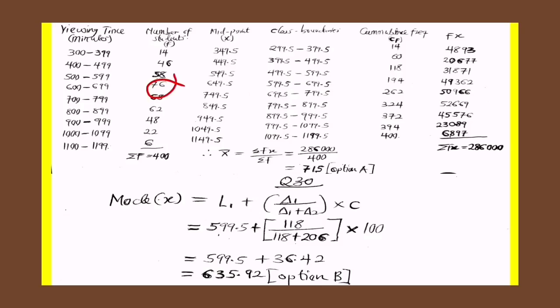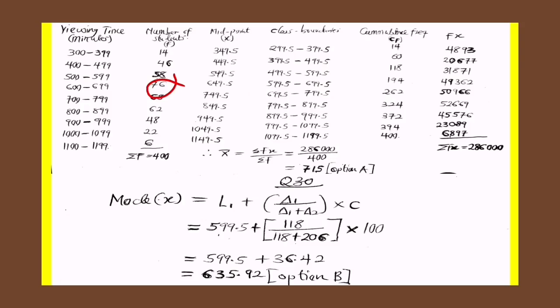To know the lower limit of the modal class, we find the class boundary. You take the upper class limit of a class and the succeeding lower class limit, take the difference between the two, and divide by 2. So I subtracted 399 from 400 and had 1, divided by 2 to get 0.5.